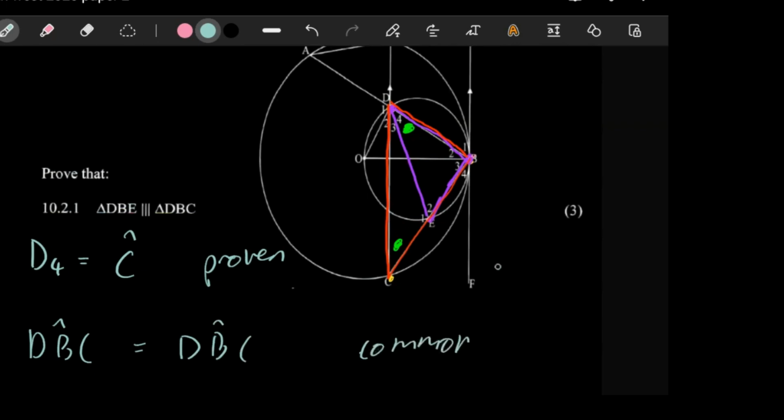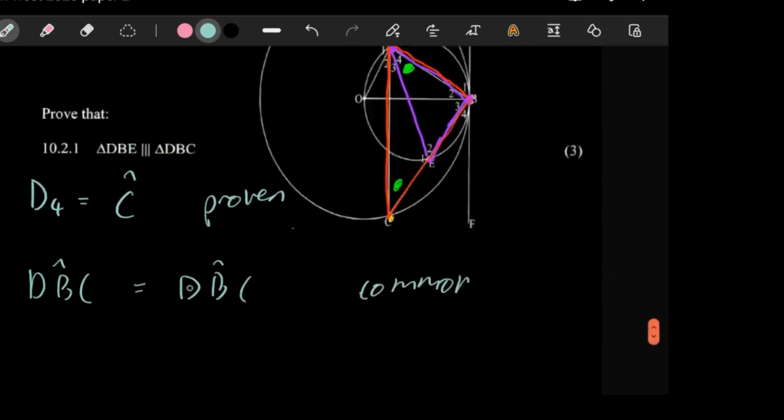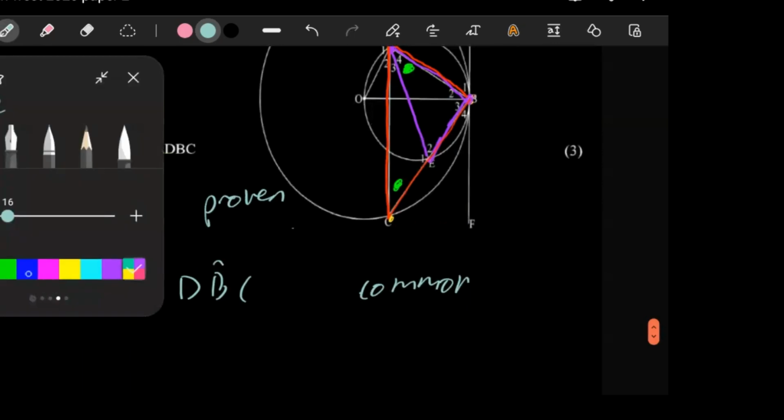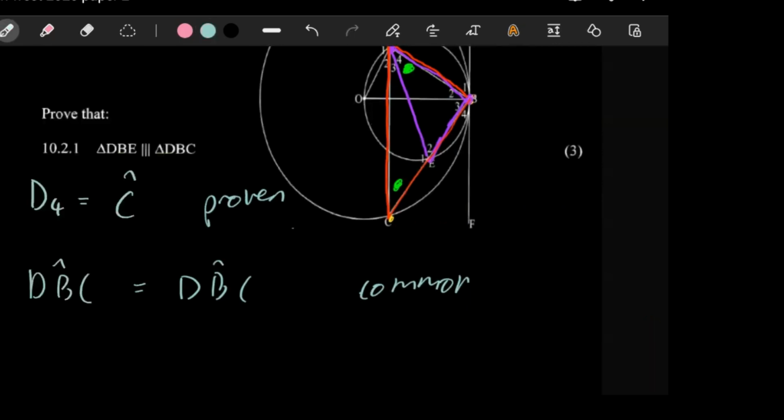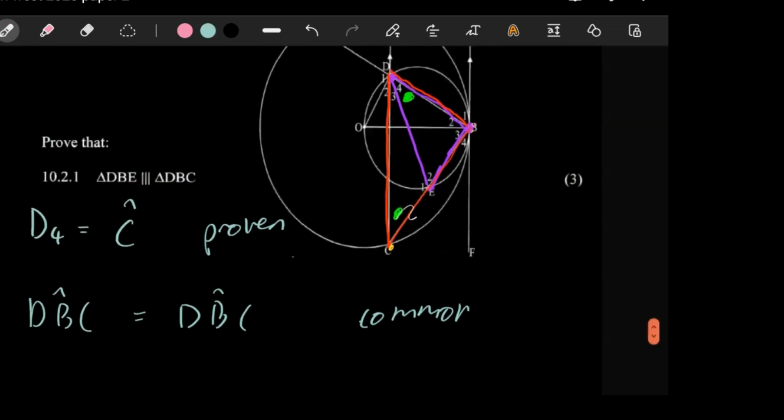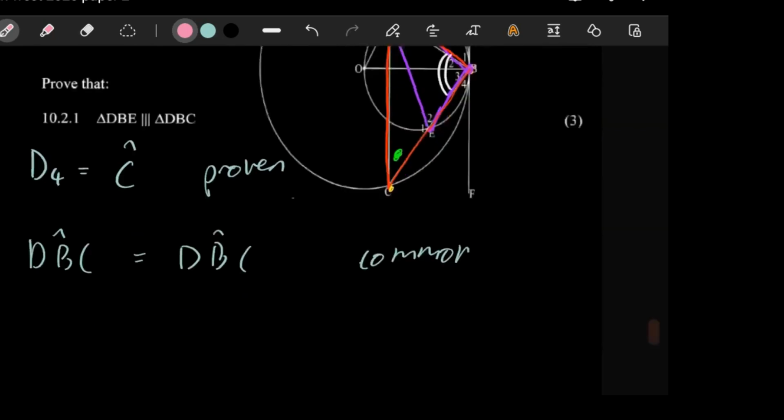Now the rule of thumb is anytime you have at least two pairs of angles that you've shown are equal, the third ones you can automatically say they're equal because of the sum of interior angles of a triangle. So the green ones are sorted, and then this one is also sorted. So clearly the only one that's left is this tiny one here for the one triangle, which we can call E2.